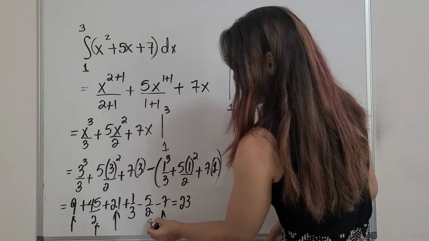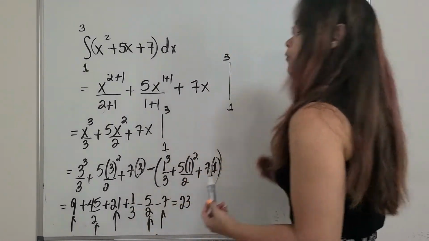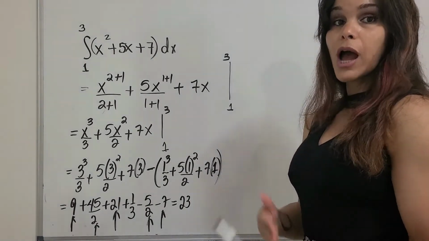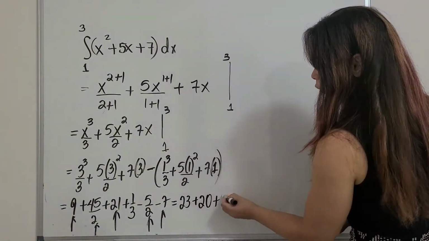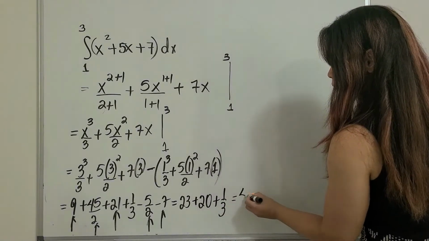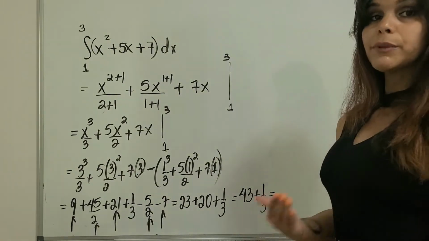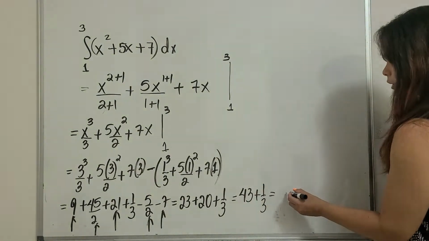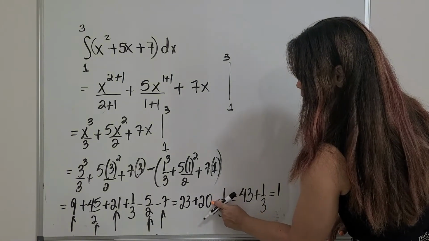45 halves, and I have a minus 5 halves here, same denominator, so I can subtract. This is 40 halves, but 40 halves is 20. So I have a 20 here, and the minus 1/3. Okay, so this is 43 minus 1/3. So finding the common denominator, which is 3, I'm going to have 129 thirds minus the 1/3.